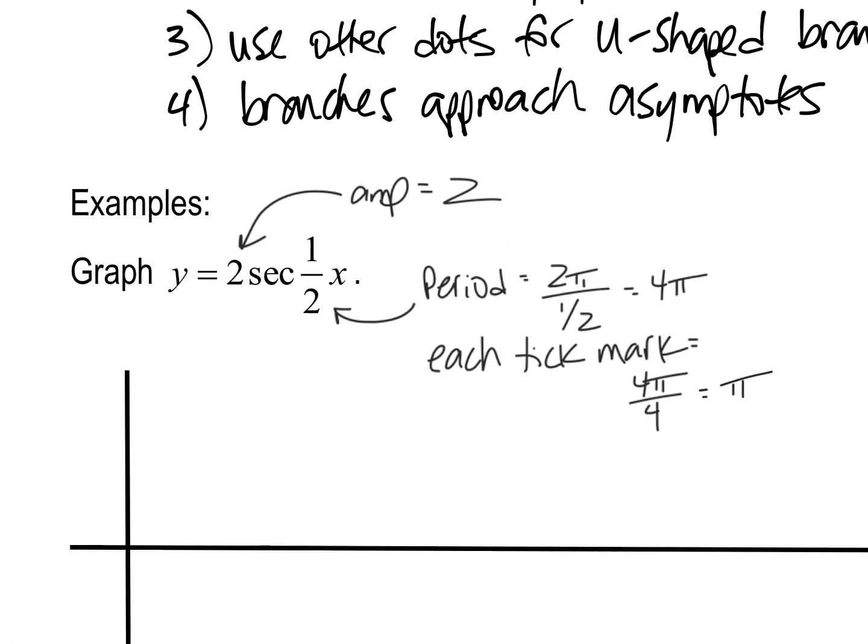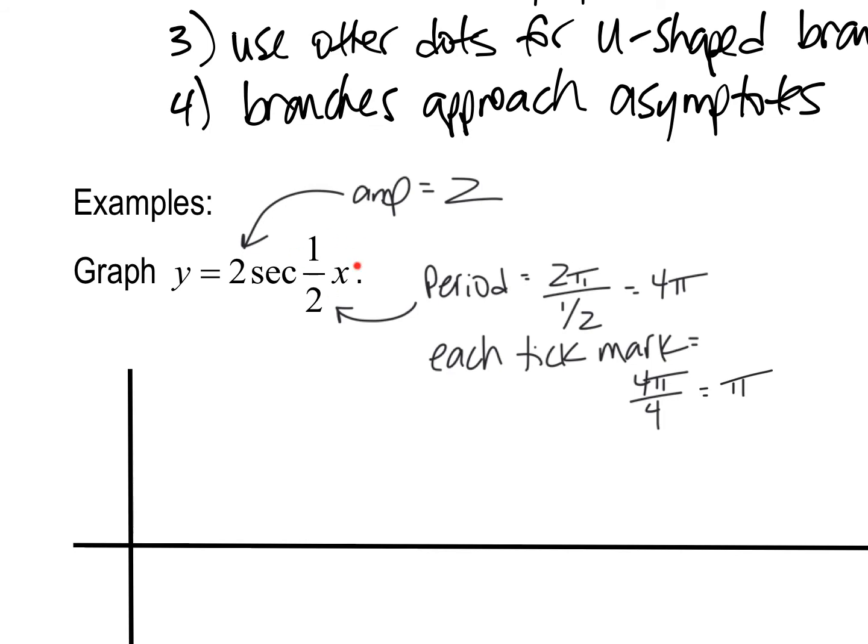And there isn't a phase shift, so there's no plus or minus anything in here with the x, so I'm going to start my graph right here at 0. So remember how if there's a phase shift, you move it to the right a certain amount or to the left a certain amount? There is no phase shift in this example. There's also no vertical shift up or down. But that means that my very first dot is going to go right here at 0.